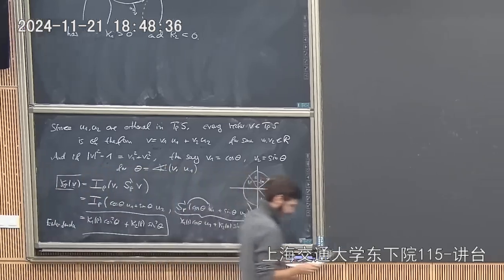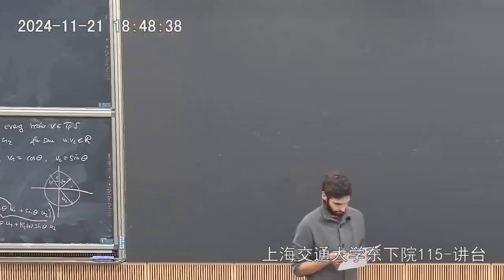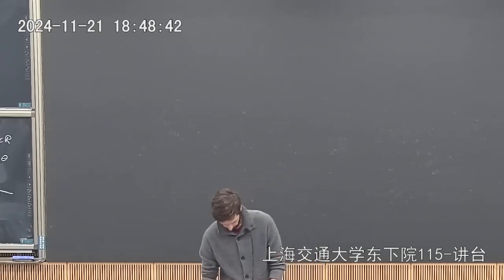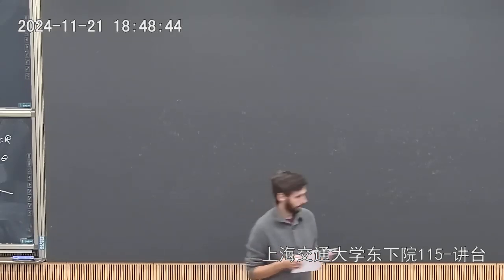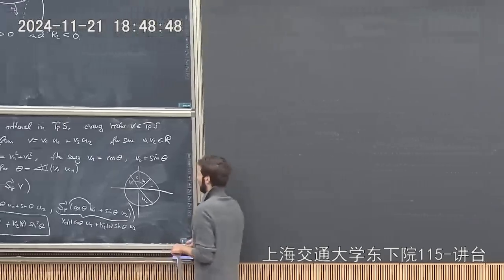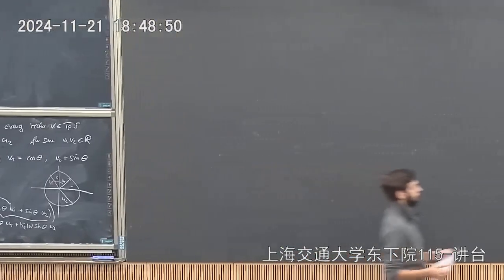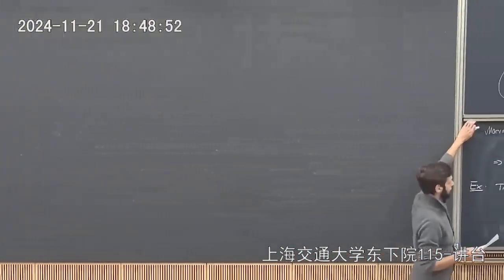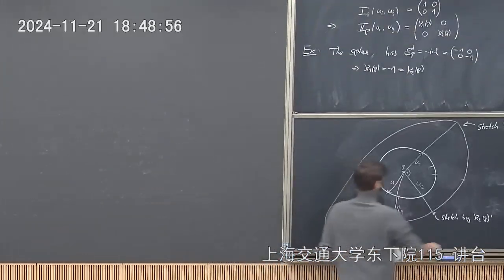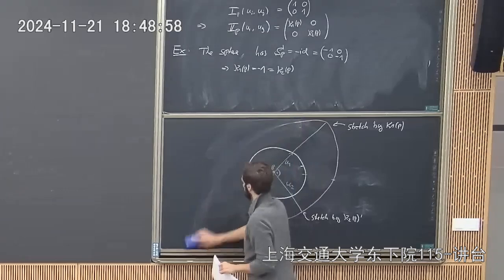So let's have a look at what happens in this particular case where we describe our surface, at least locally, as a graph of some function.